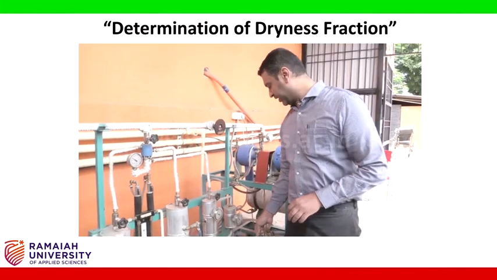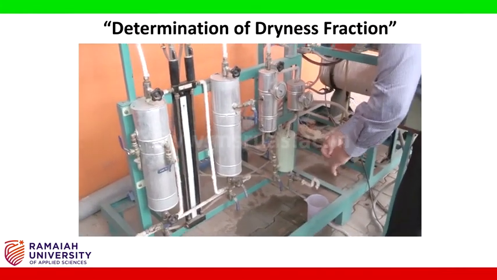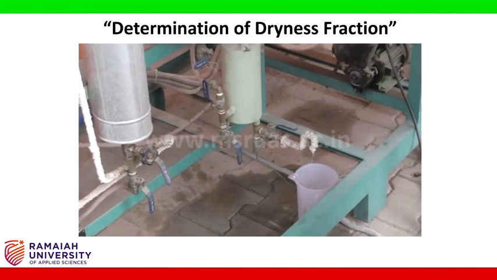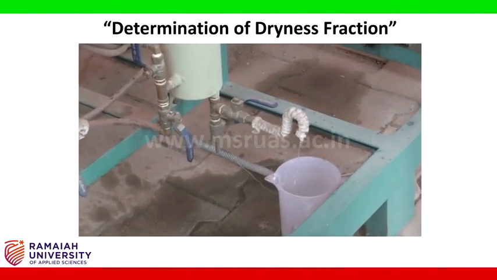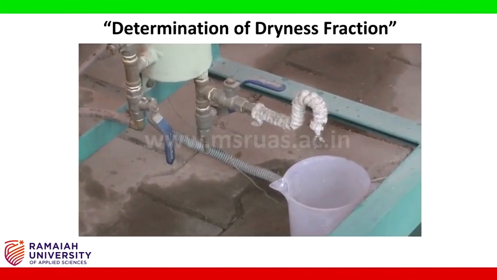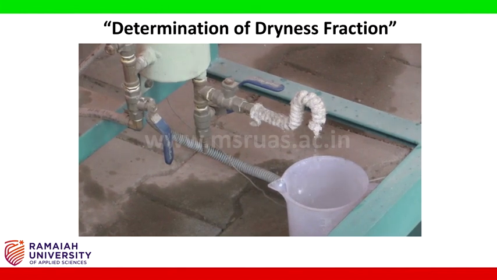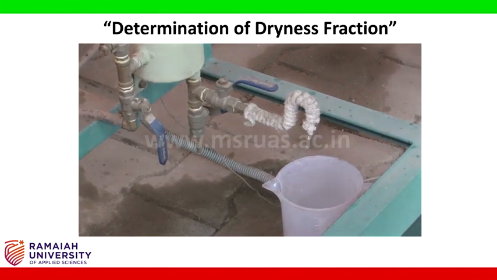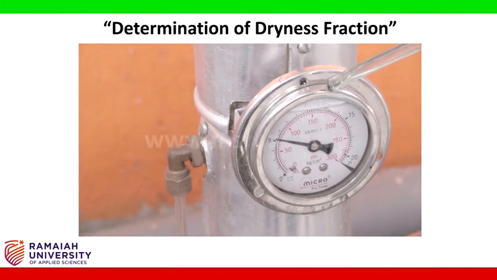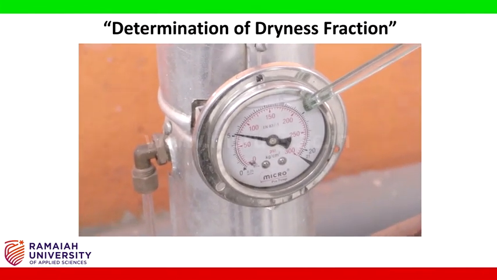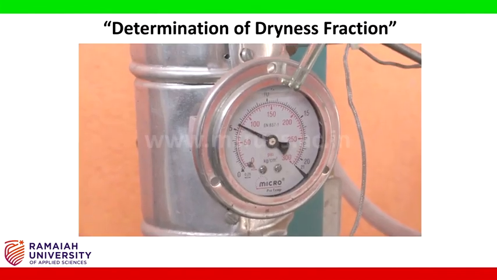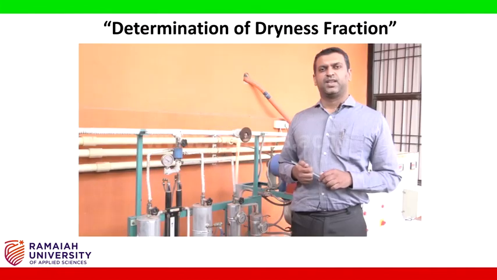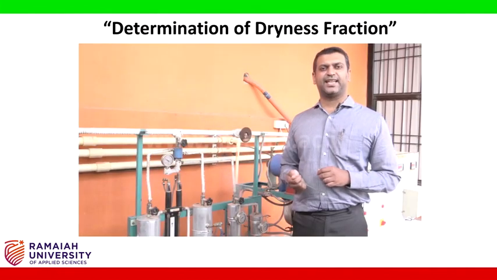Now collect the water from the throttle calorimeter. Take down the pressure measurement in the separating calorimeter and also the pressure measurement in the throttling calorimeter. This completes the dryness fraction calculation for steam.